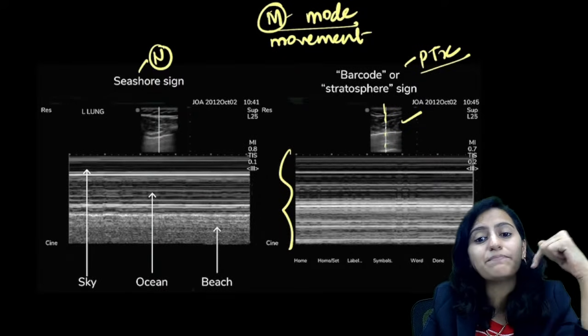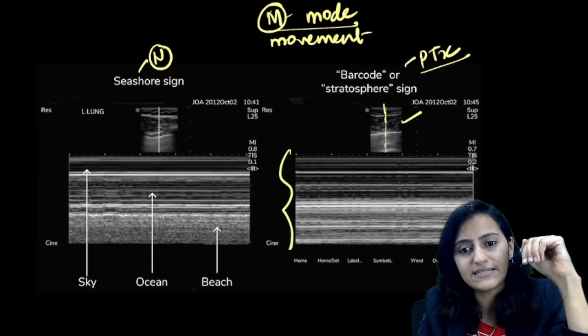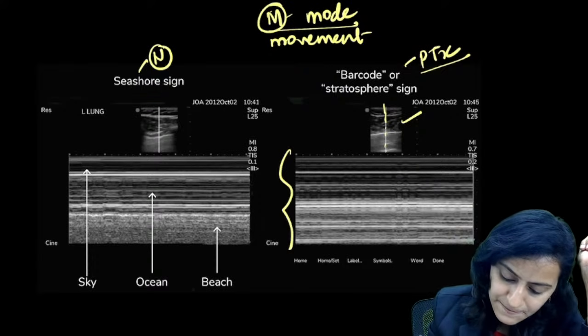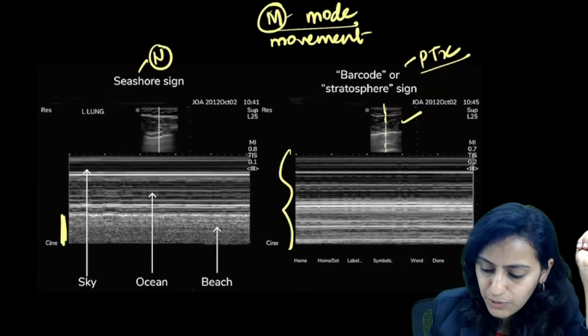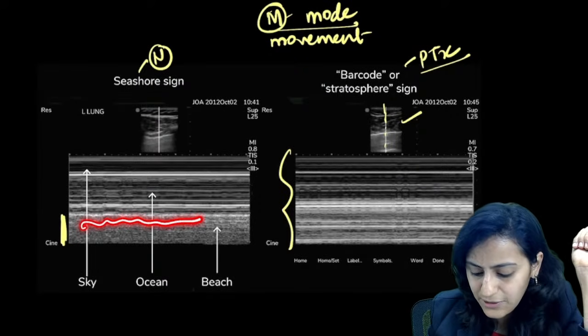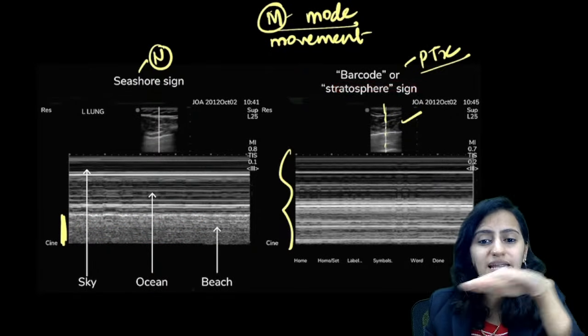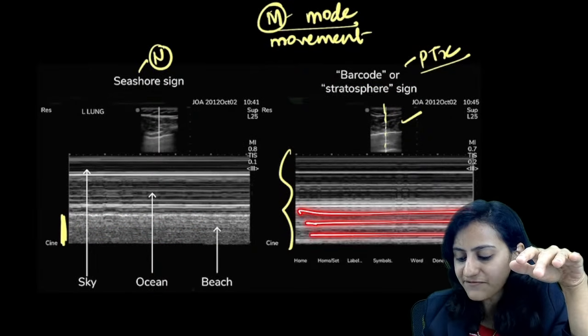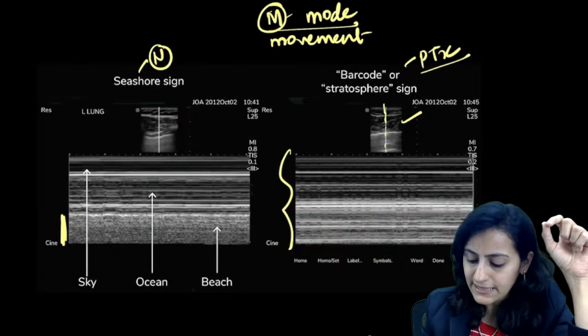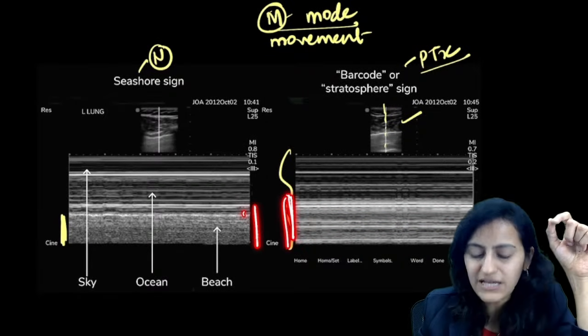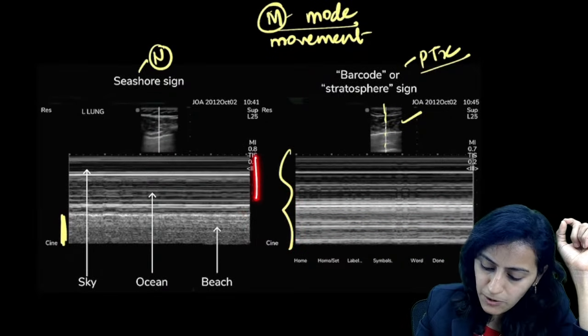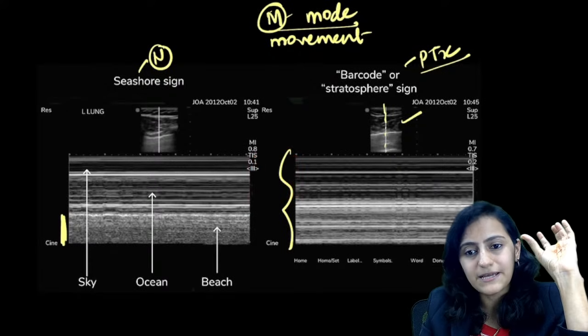Pneumothorax shows the barcode or the stratosphere sign. In the seashore sign, look at the lower part. You would see this granular appearance. It's not the flat lines. In the barcode, like the barcode, you would see these flat lines in the lower part. It is the lower part of the image that you need to differentiate. The upper part is going to be the same, right?